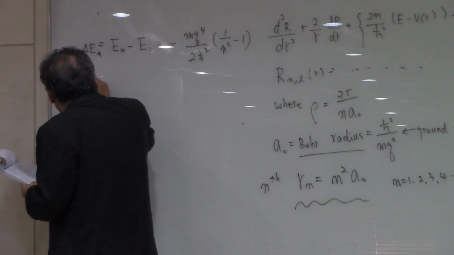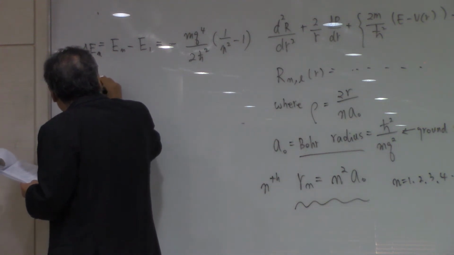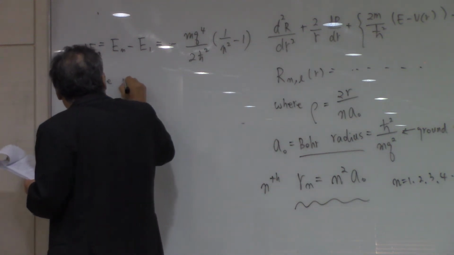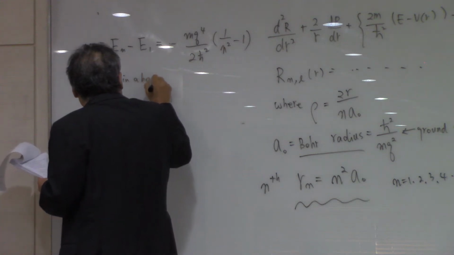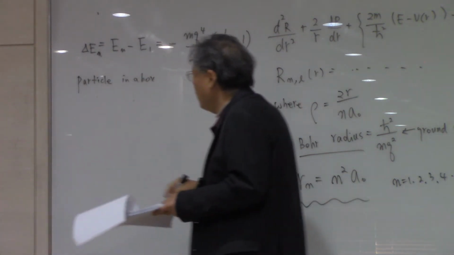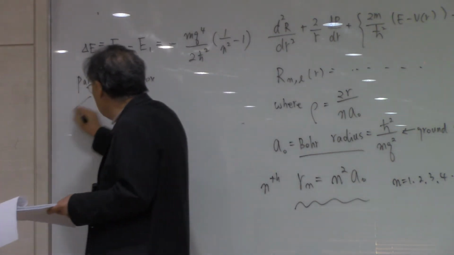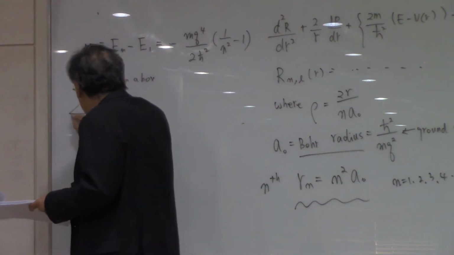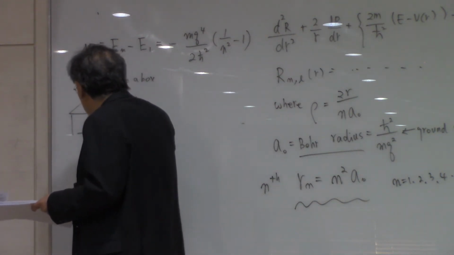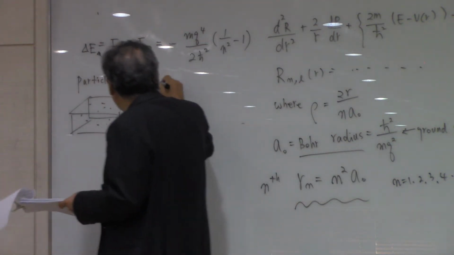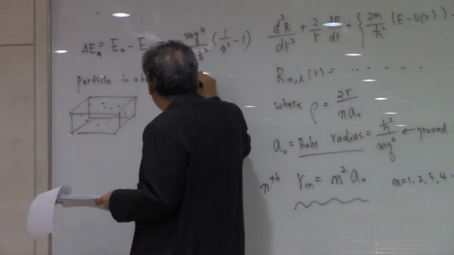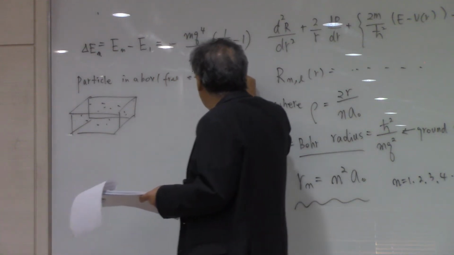So, in summary, particle in a box. That is the case where the electron is confined in a solid, like free electrons in a solid.